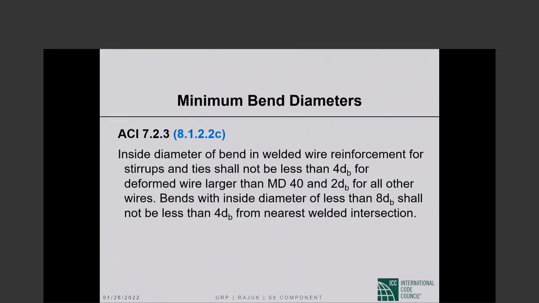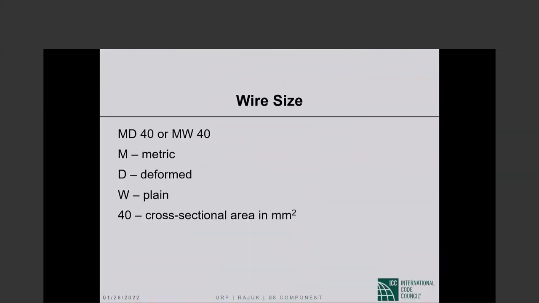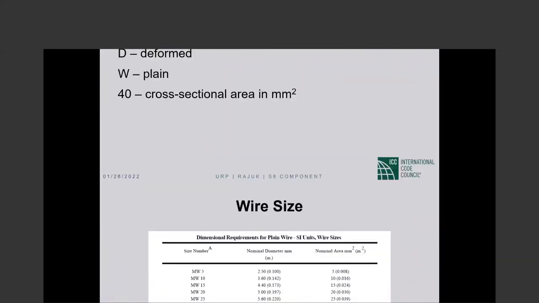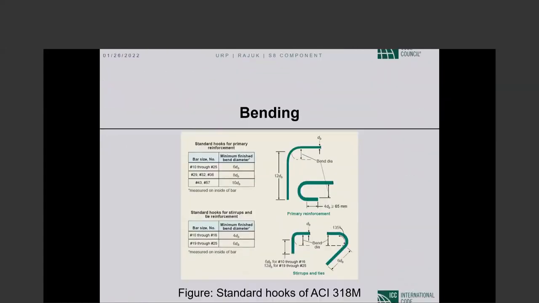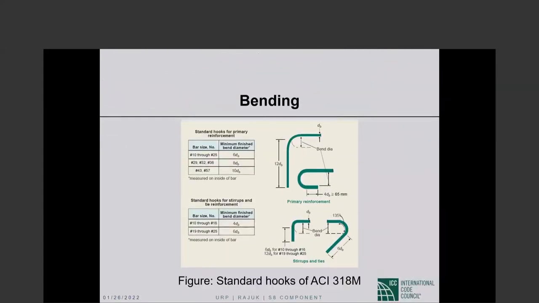This is welded wire reinforcement. As I said, I will simply skip. Please read it if you are interested. This is a summary of everything that has been said. You saw this picture already. These are standard hooks on longitudinal bars. The 90 degrees plus 12 bar diameter extension, or 180 with an extension of 4 bar diameter, but not less than 65 millimeters.